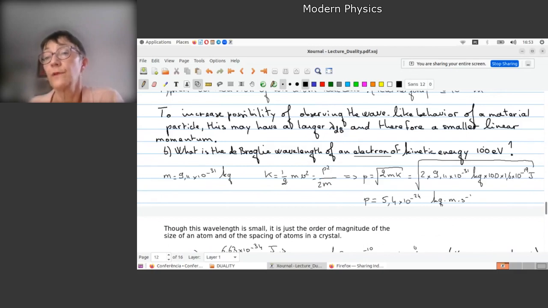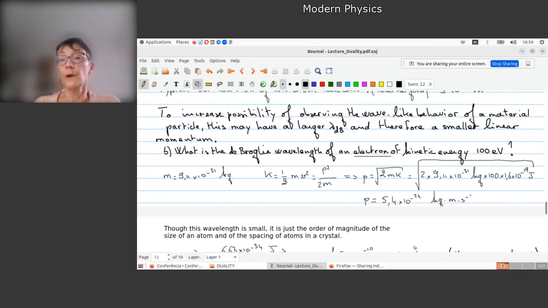How do you obtain this kind of kinetic energy for an electron? It is already in electron volts, so you only accelerate an electron by a voltage of 100 volts. This is really not difficult, and you have this kind of energy very easily in your laboratory.